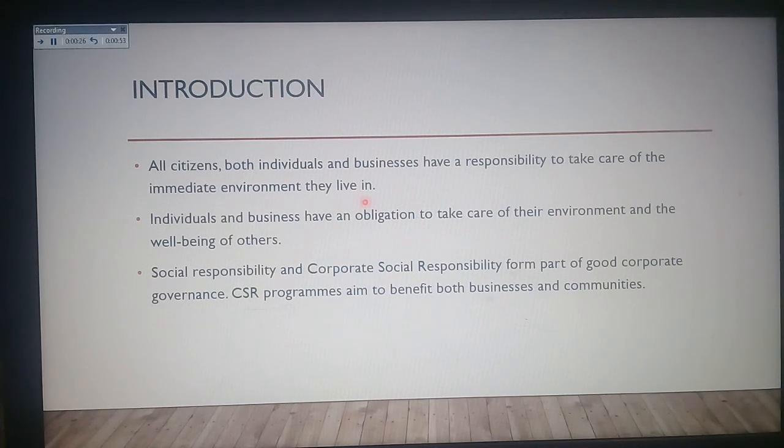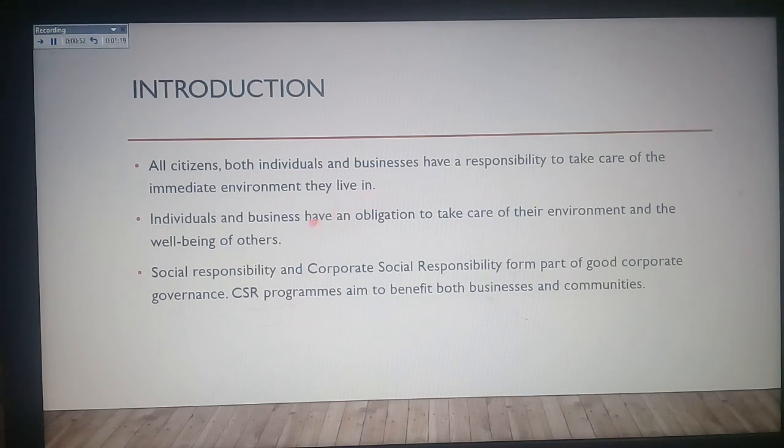If we see paper being thrown around, littering, we pick it up. If we see people throwing things where they are not supposed to, illegal dumping, we do what? We report these things. That's what we mean when we say all citizens, both individual and businesses, have a responsibility to take care of the immediate environment they live in.